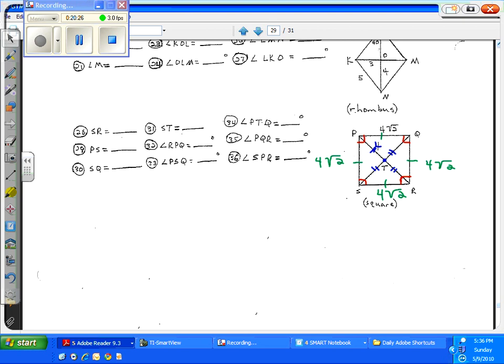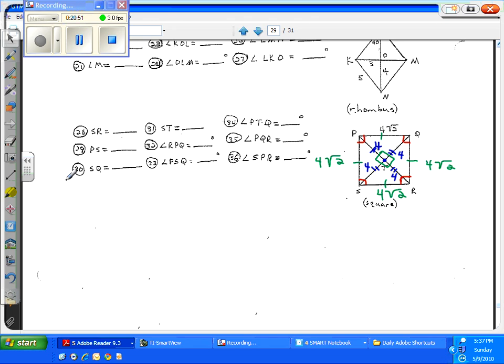So if this little diagonal piece is 4, then all little diagonal pieces are 4, which creates a bunch of isosceles triangles. All four sides are equal, which means that it's also a rhombus. A square is a rhombus, and we know that the diagonals of a rhombus are perpendicular, so all those are 90.